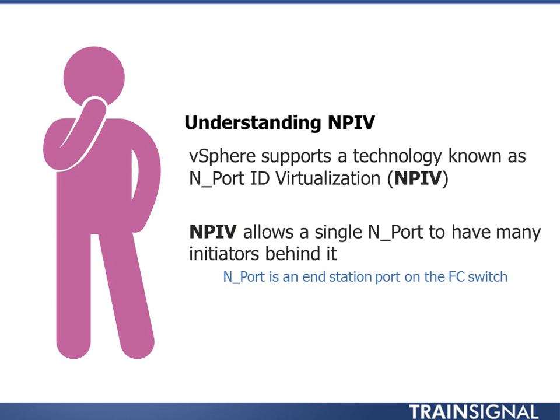One way to remember it is that it sounds similar to end port, as in an end device or an end station. Normally, each N-port has a single initiator behind it, a single WWPN, because you have one port out of your server plugged into one port on the switch. But NPIV lets a single N-port have a bunch of initiators behind it.